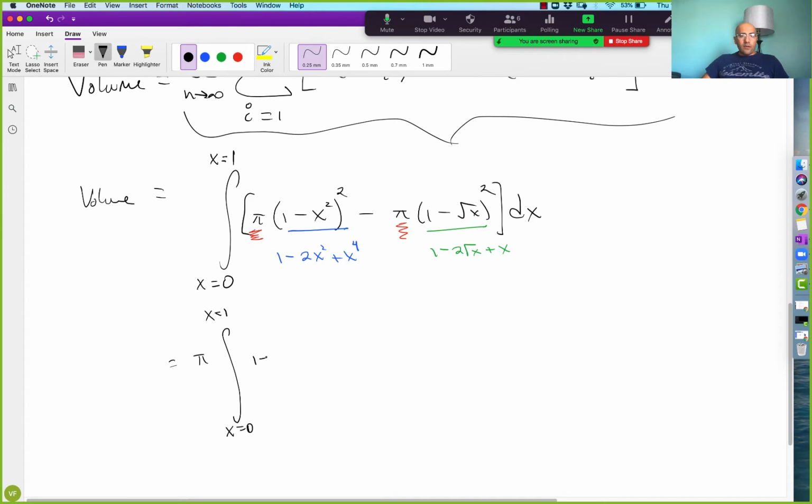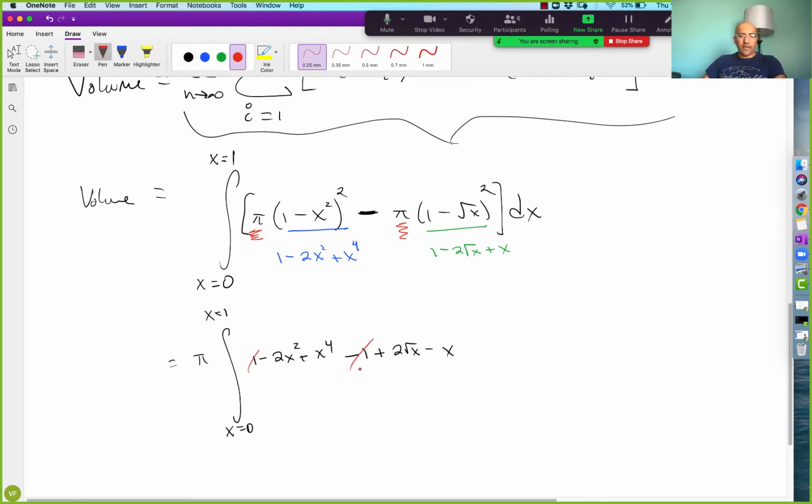And I'll get a 1 minus 2x squared plus x to the 4th minus 1 plus 2 root x minus x, as I distribute this minus across these terms. And then these two terms cancel, so that's good.